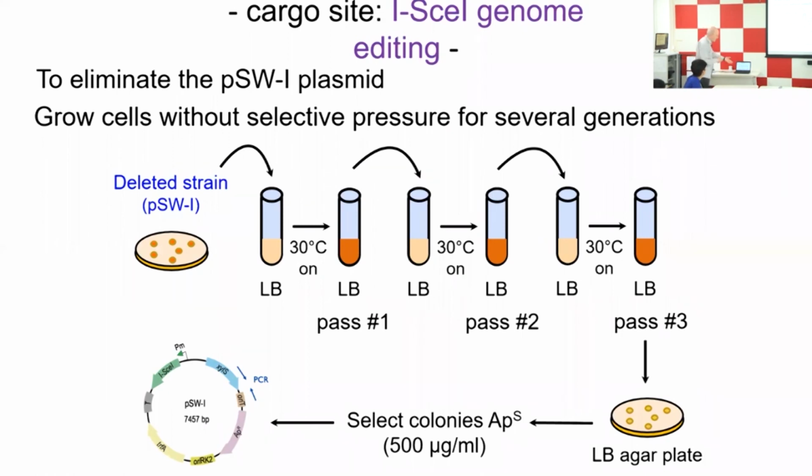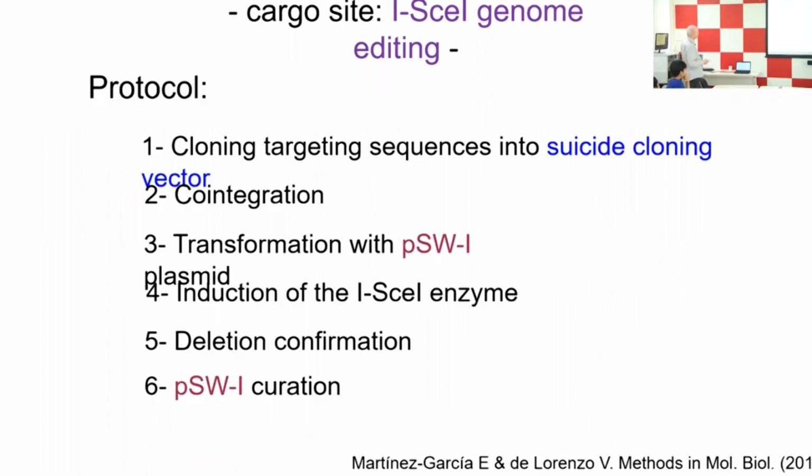So you enter a plasmid to execute this cleavage of the chromosome, but then you eliminate the plasmid through dilution, subculturing the cells under conditions of no selection, and then cells eventually will lose the plasmid spontaneously, okay?